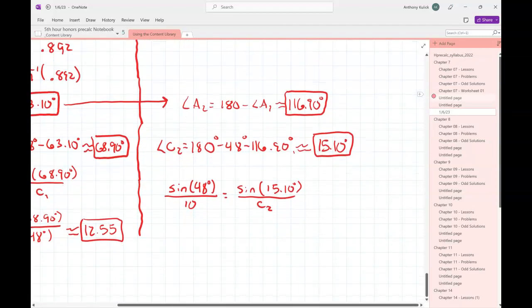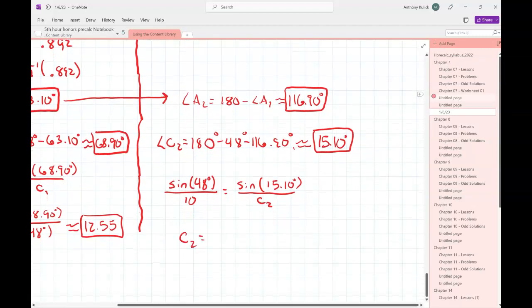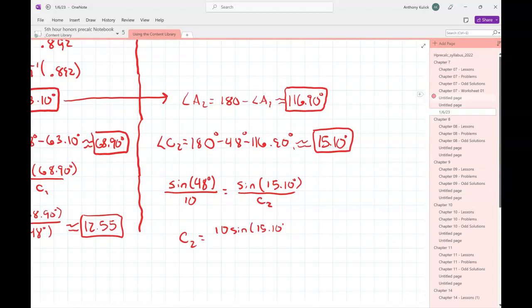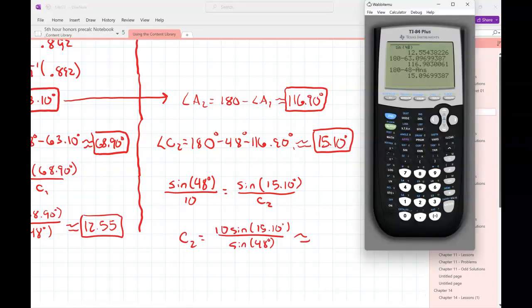We're cross multiplying and dividing. So I just grind that through my calculator, and I'm donezos. What do you guys think? So far, so good?